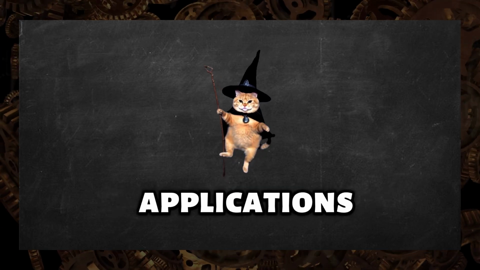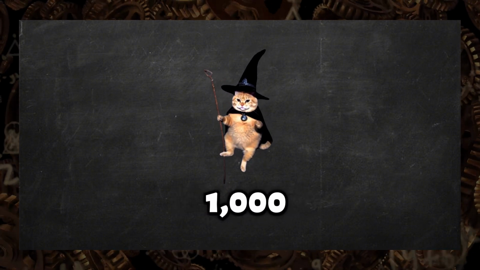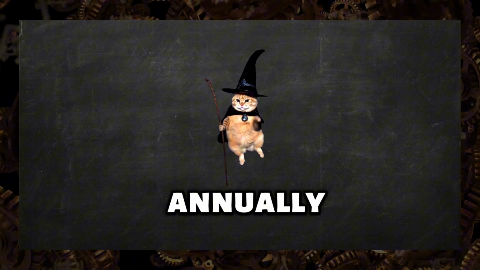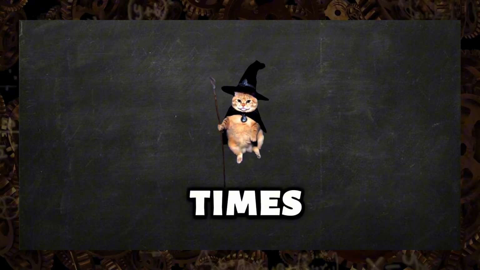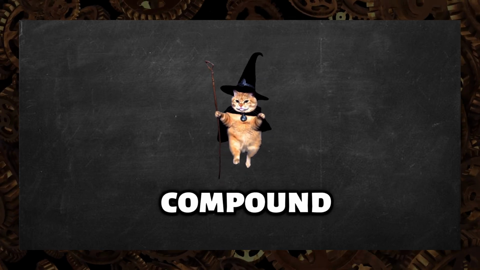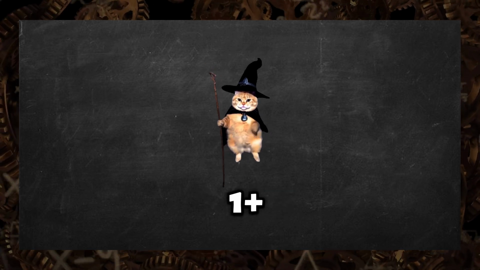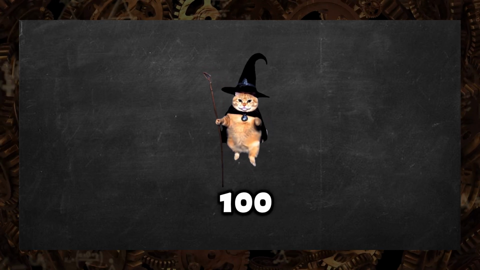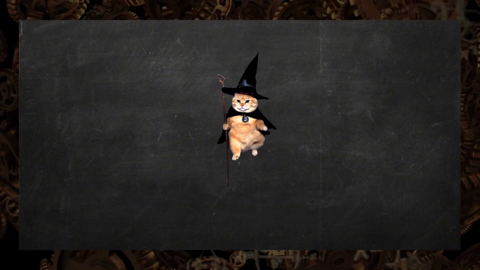Financial applications include interest rates, where simple interest on 1,000 at 5% annually adds 50 each year, calculated as principal times rate times time over 100, while compound interest uses the formula principal times 1 plus rate over 100 to the power of time, growing exponentially.